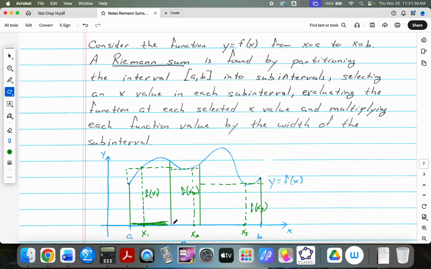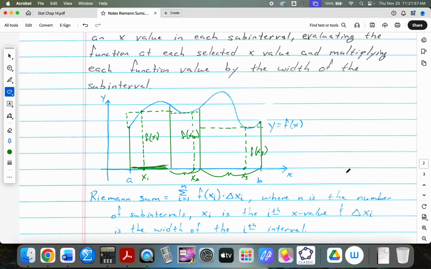And then we're going to take the width of this subinterval, and then the width of this subinterval, all the way to where I partitioned it. So the distance between the partitions. All right?